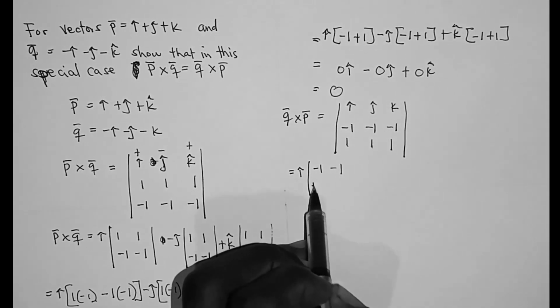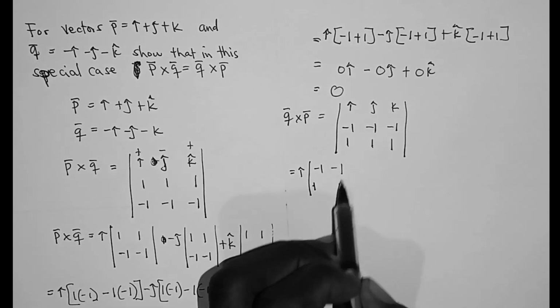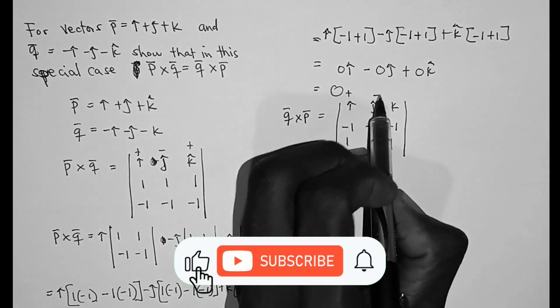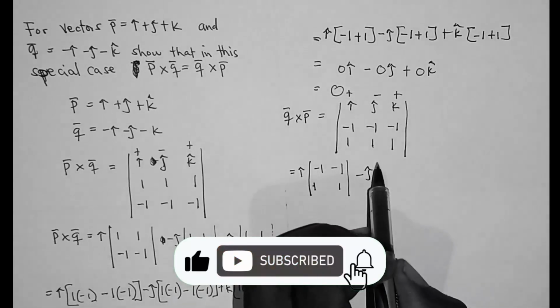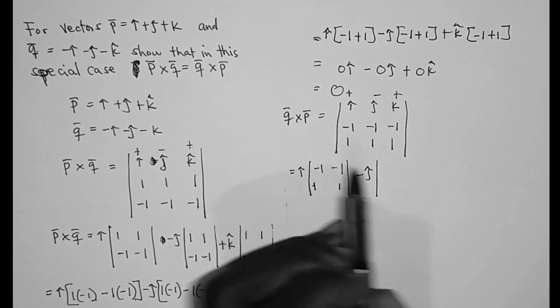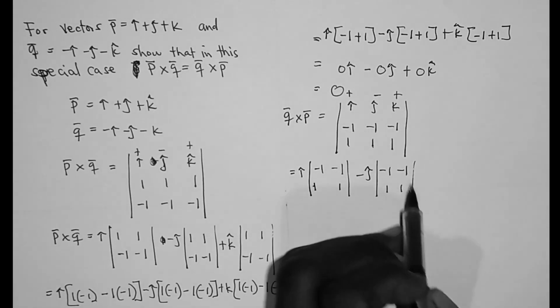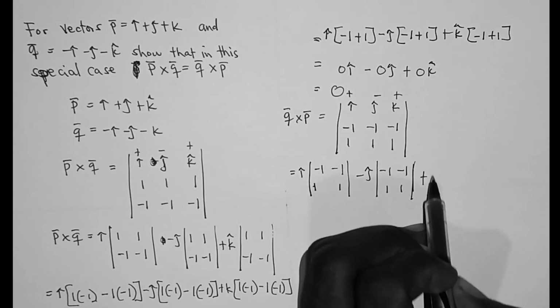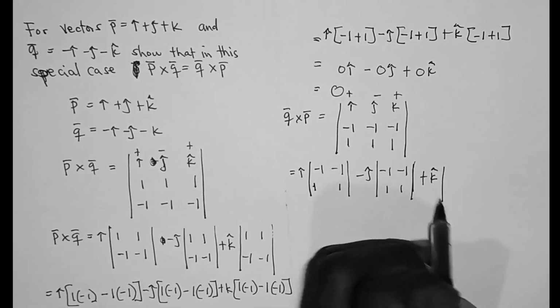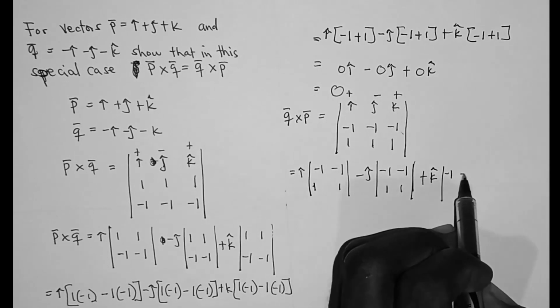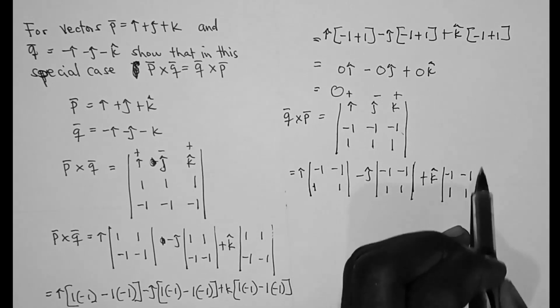And this is minus 1, minus 1, 1, 1. Then minus j, because we are using plus, minus, plus. Then you cross out the row and the column, which is minus 1, minus 1, 1, 1. Then plus k, the unit vector k. Then you cross out the row and column.